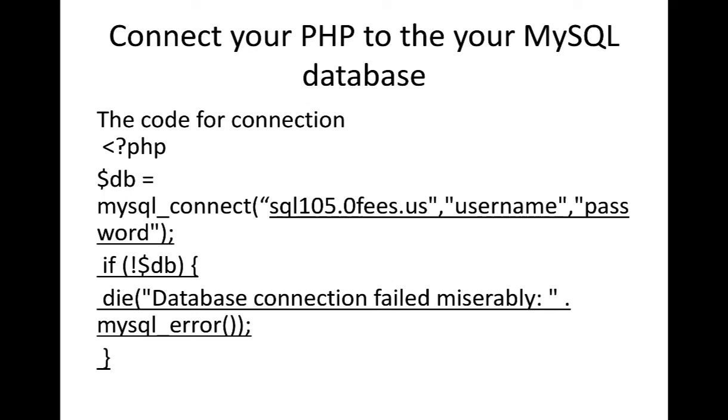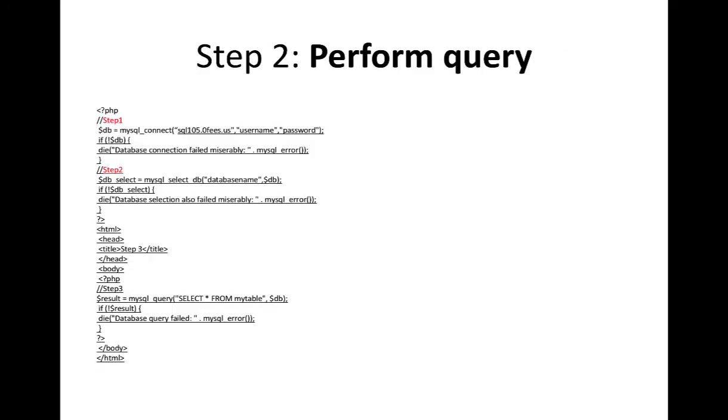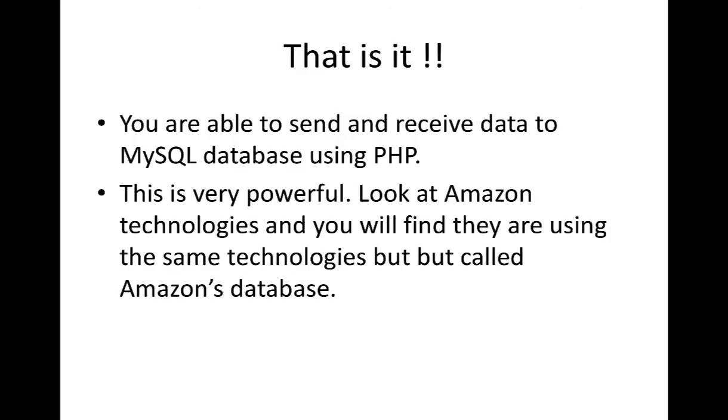You're going to give the MySQL address and the username and the password, and if it's not right, it will fail. So this is the performing of the query in PHP. You're going to create it in your assignment, and this is what you're going to do in your first assignment with MySQL. That's it.